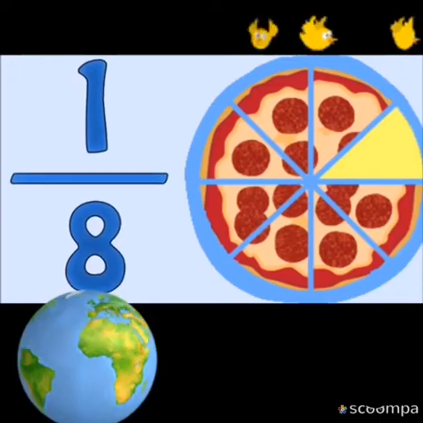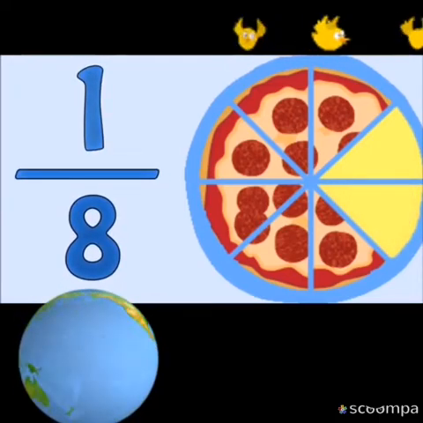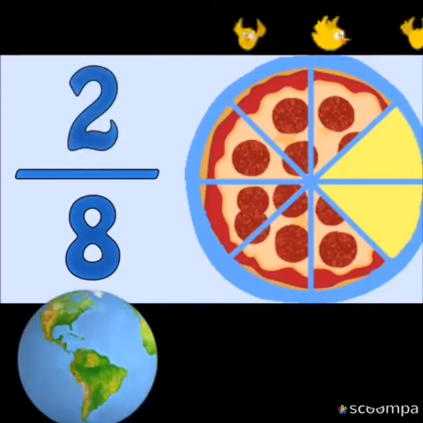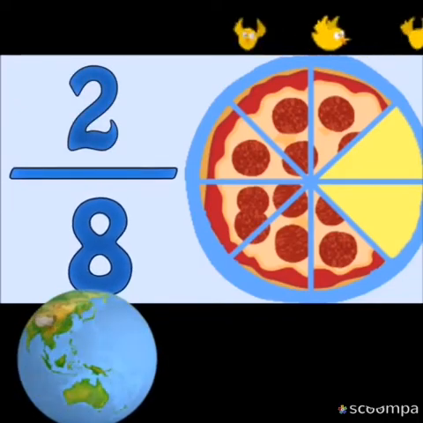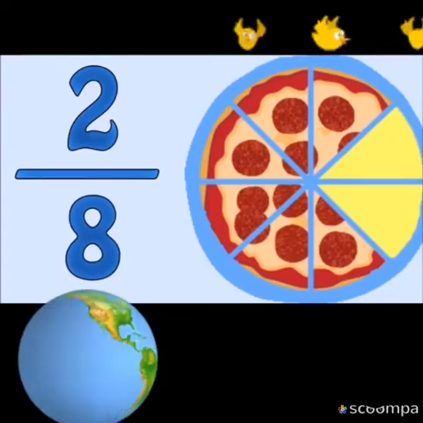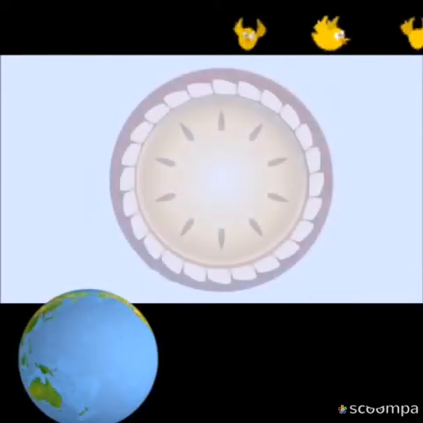Bravo! Excellent, students. So when you eat 1 piece, 2 pieces, the number that changes here is the numerator, because the total is the denominator. Yes, I have here 2 over 8.